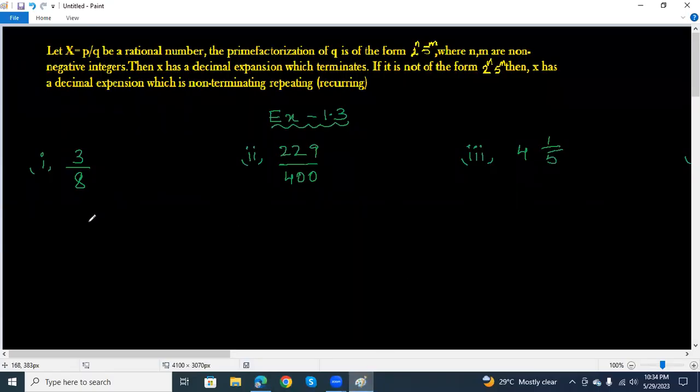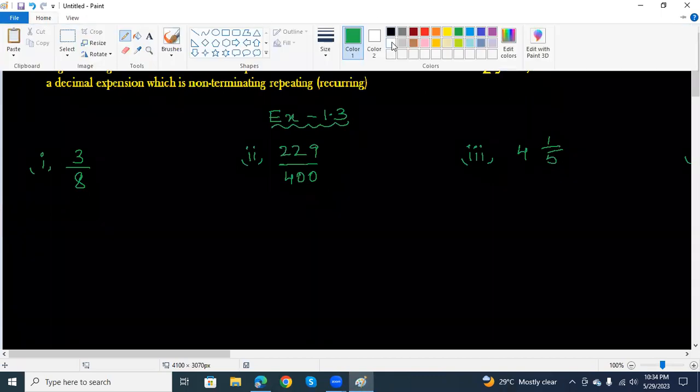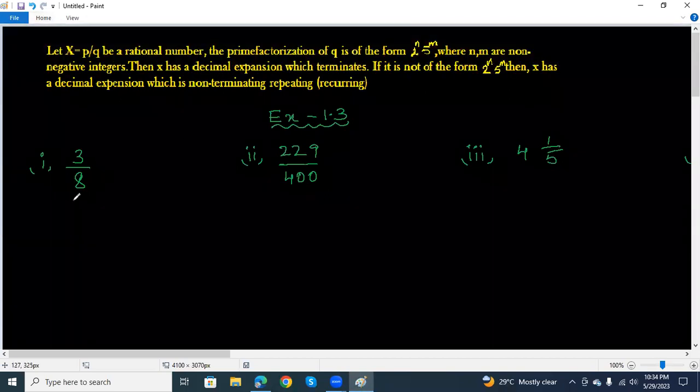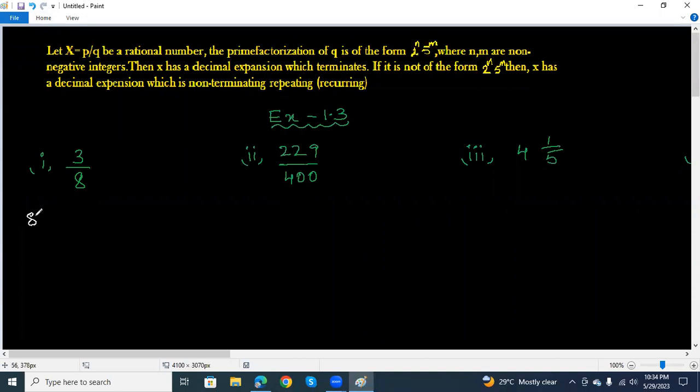First question, 3 by 8. We need to divide and check whether it is terminating or non-terminating. The denominator will become the divisor, and this is our dividend. See, 8 will go in 3 zero times. Now put a point here, keep a 10. 8 threes are 24. 30 minus 24 gives 6.